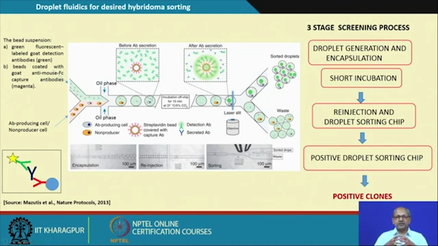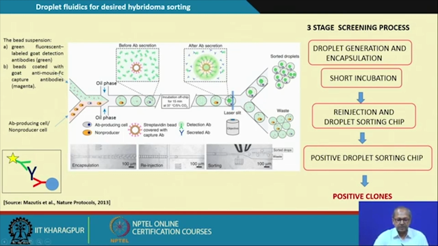As we are incubating in a CO2 incubator for a certain time, antibody will be produced, and that antibody will react with your detection antibody. Eventually, it will be captured by the beads and fluorescence will be concentrated in the beads.